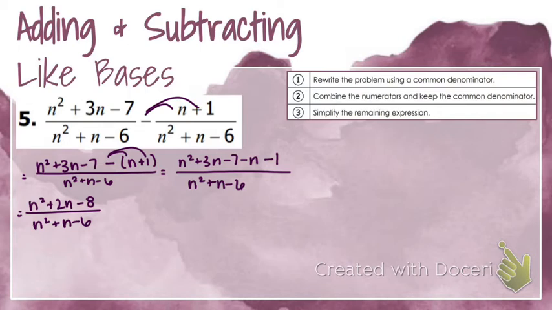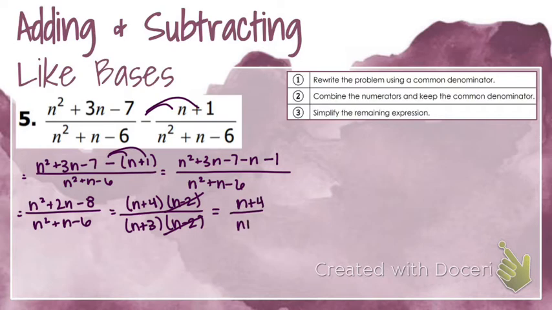And now is where we need to factor these two expressions. So the top will give us n plus 4 times n minus 2, and the bottom will give us n plus 3 times n minus 2. And we will cancel the n minus 2's, and that leaves us with n plus 4 over n plus 3.